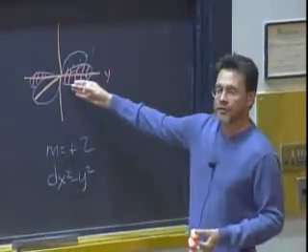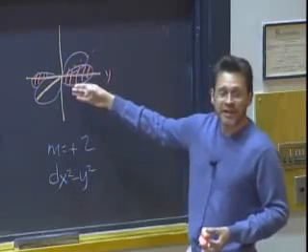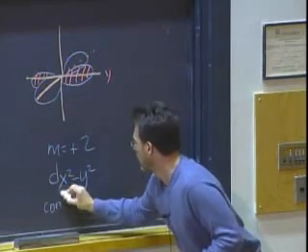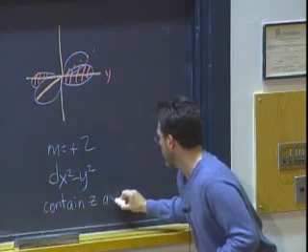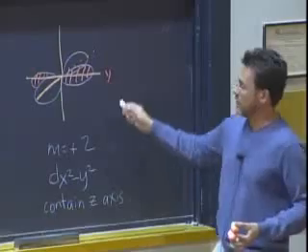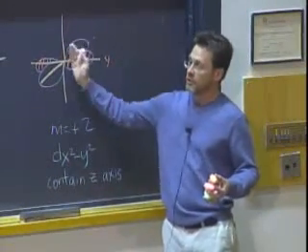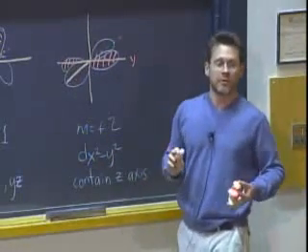And you can see that the nodal surfaces here, they both contain z. So the nodes contain the z-axis, and they bisect the x and y coordinate axes. So there's one plane up here that contains the z-axis, and one over here located at 90 degrees to the first one.